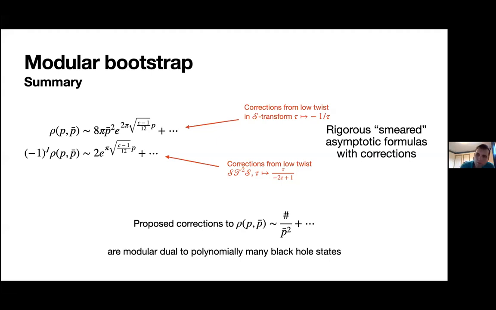What I mean is, have the defects that you've included in the JT language removed all of the non-unitarity, or is there now a subleading non-unitarity that's still there? It's straightforward to do this JT analysis with multiple species of defects.